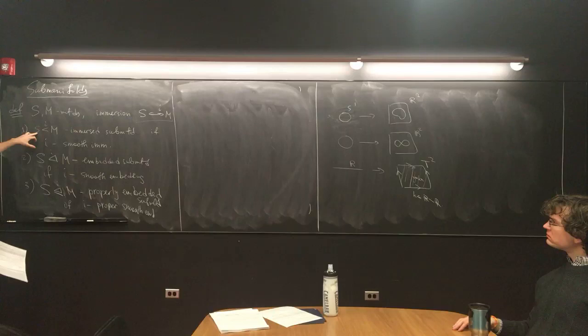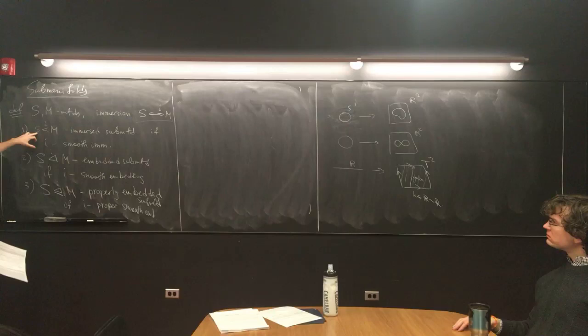So definition, we start with defining the topological quotient map. It turns out that for covering spaces, covering maps, there's basically almost no difference between the smooth and the topological case. So I'll just focus on the topological case. Topological covering map.